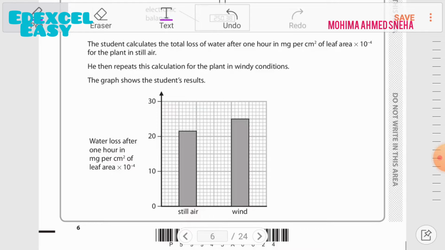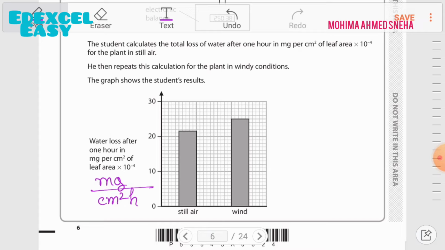So let me first write a unit for this y-axis quantity. It says water loss after 1 hour in mg per centimeter cube. So the unit would be mg divided by cm square h, because it is the water loss after 1 hour.